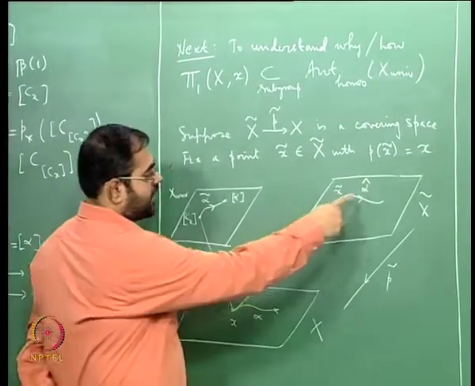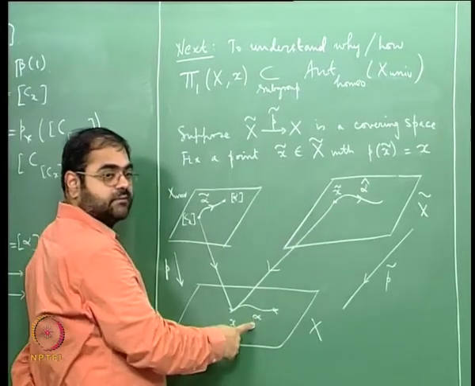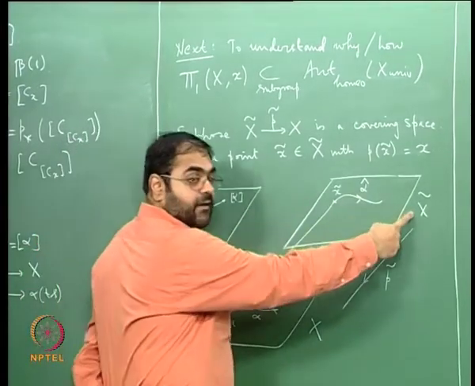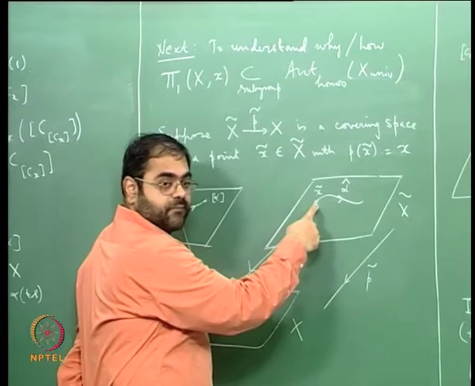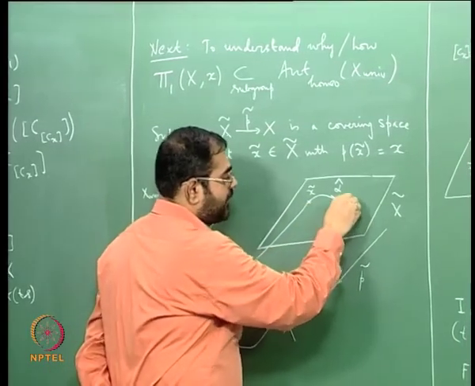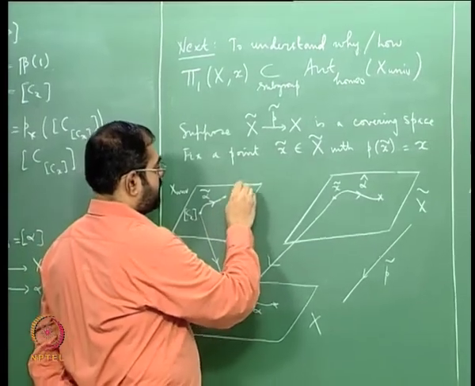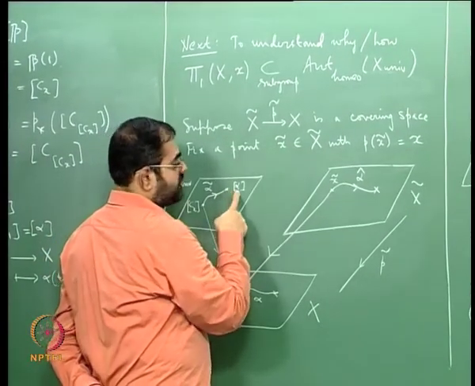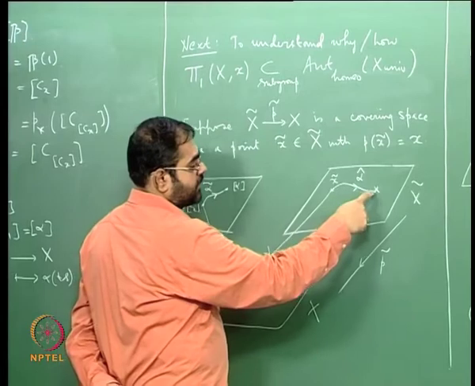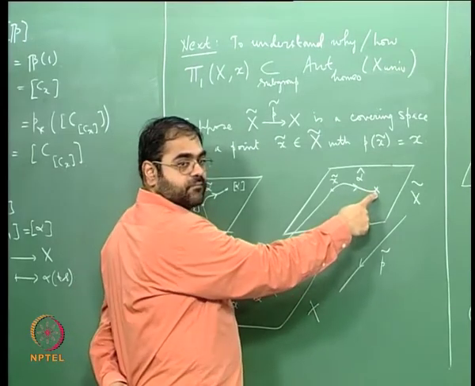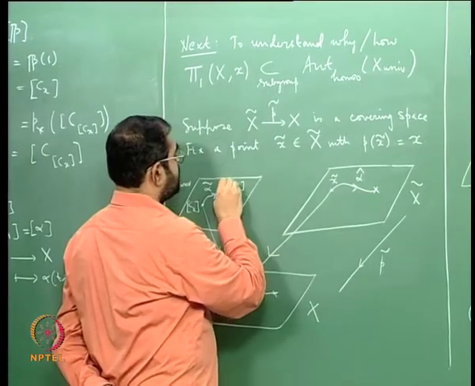So this alpha hat is the unique lift of alpha to x tilde starting at x tilde, and it has an endpoint, and I am going to define a map which will send this alpha to this point.